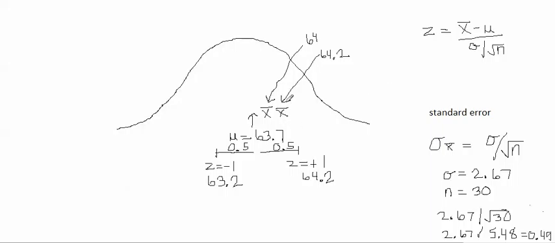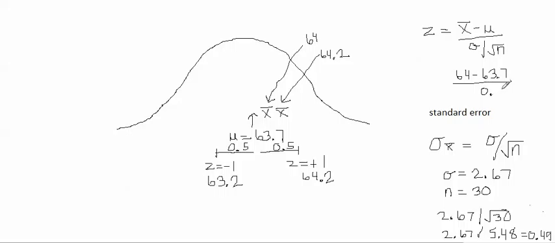Now let's find out what the z-scores are for the samples that we actually did select. We can do this pretty easily because we know what the standard error is. We found out that it's about 0.5. So 64 minus our population mean of 63.7, and we have to divide it by 0.5, which is the standard error.